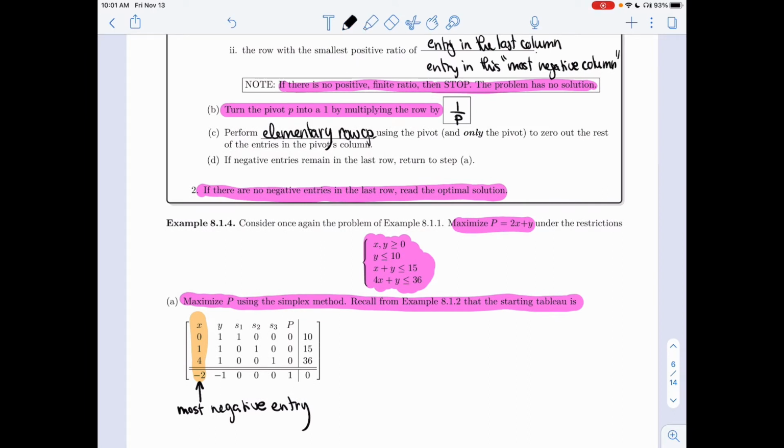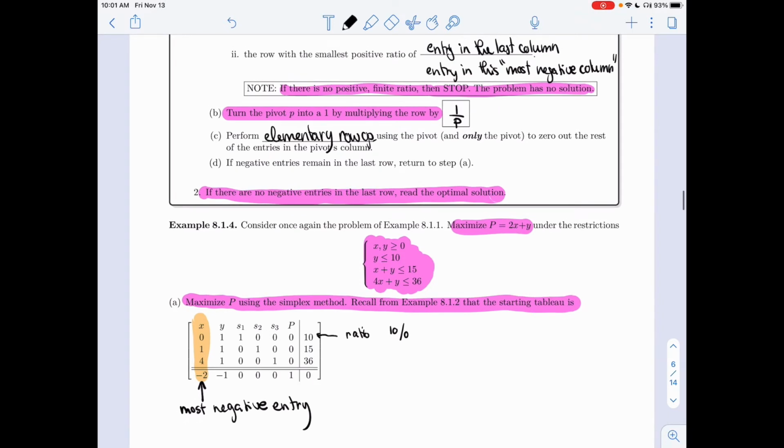So the entry in the last column, that's going to be 10, divided by the entry in the orange column, in the most negative column, that's going to be 0. That's infinity, so that's not going to be possible. Here, the ratio is 15 over 1. That's 15. That would be good. And then the next ratio is 36 divided by 4. So 36 divided by 4, that's 9.